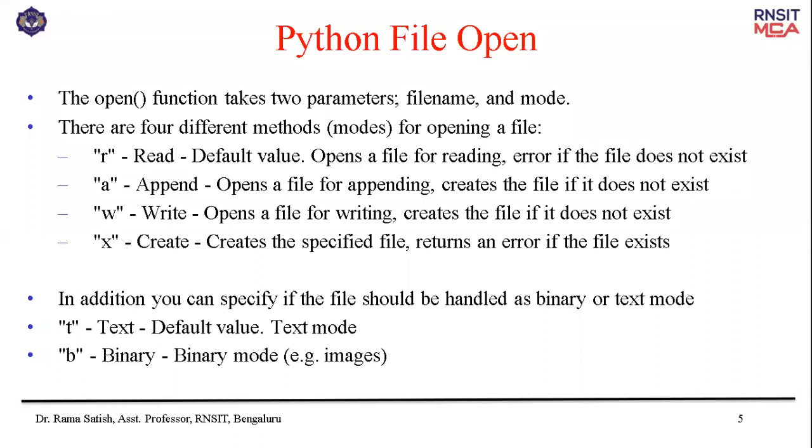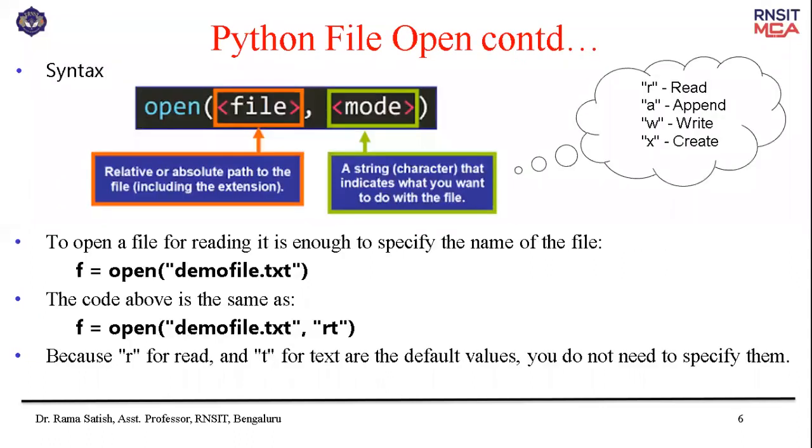Now, how to open a file using the syntax? Here is the syntax: you have to specify the file and the mode. File is actually the file name. Mode is the mode we have just discussed: read, write, append, and execute, X mode.